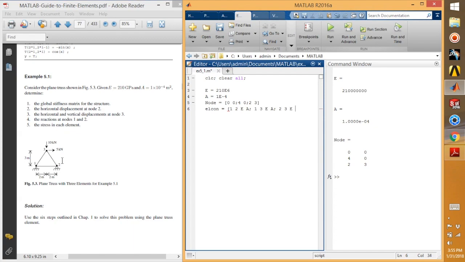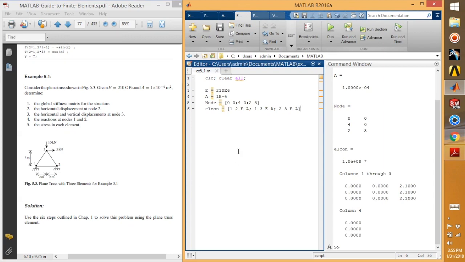Next, I'm going to define the displacement boundary conditions, UBC. For the first node, we have a fixed support over here. So its displacement is going to be 0 in x direction as well as in y direction, because it is not allowed to move in any way.